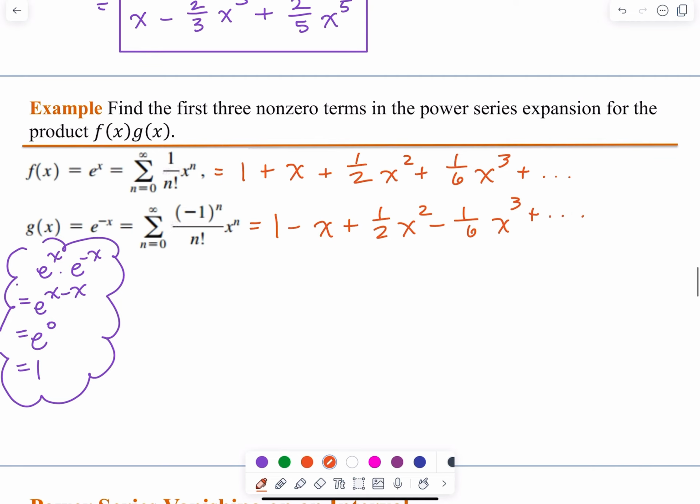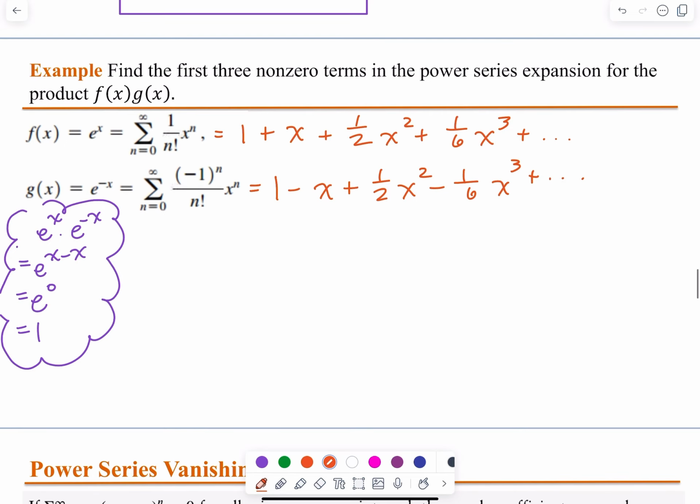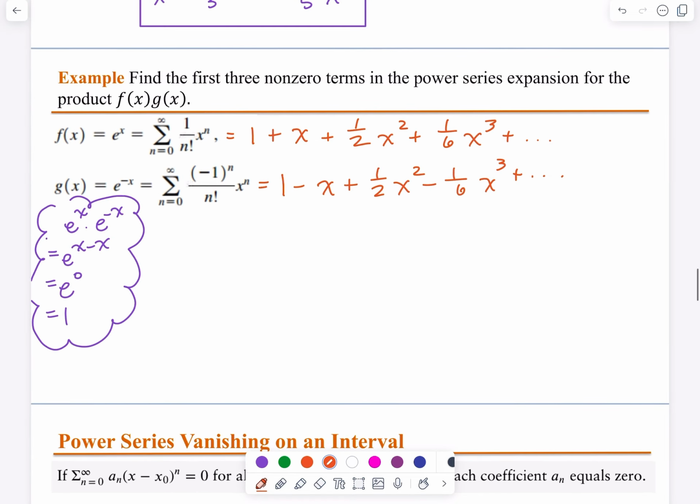So I want to do the same method as far as gathering terms for this product because it's quite interesting. So let's go ahead and do that. So we're going to have f of x multiplied by g of x, and it's going to be 1 plus x plus 1/2 x squared plus 1/6 x cubed, all multiplied by, I'm going to go ahead and erase this just so I can move this over.